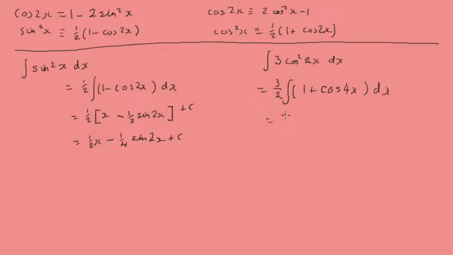So this will give us 3 over 2, our 1 becomes x, plus a quarter sine 4x plus c, and tidying this up we'll get 3 over 2 x plus 3/8 sine 4x plus c.